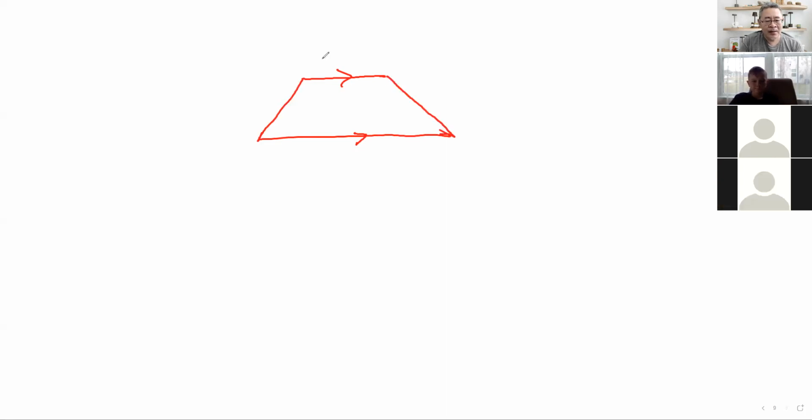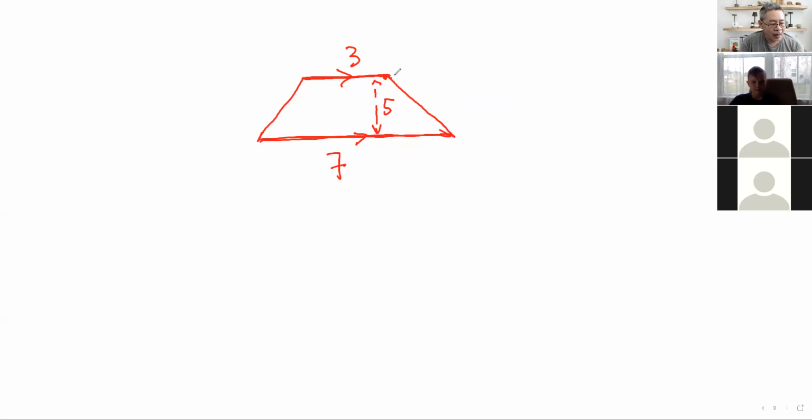Let's say this is 3, and this is 7, and our height here is 5. So how do we do that? We know the height, and we know two bases. One is 3, one is 7. Now which base are we going to use?